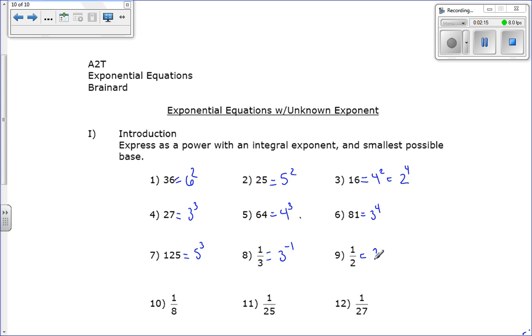Same thing with 1/2 is 2 to the negative 1. 1/8 is 2 to the 3rd, but since it's in the denominator, we'd say 2 to the negative 3. 1/25 is 5 to the negative 2. And 1 over 27 is 3 to the negative 3.